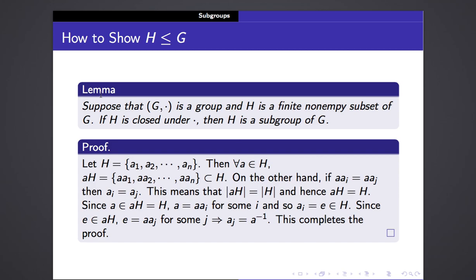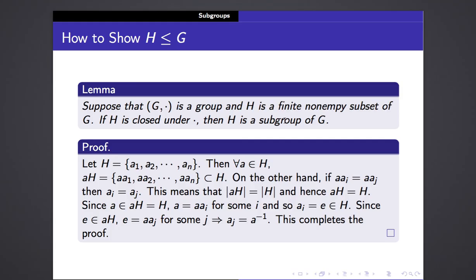Okay, so here's another lemma. Suppose that G with this multiplication is a group, okay, and H is a finite, non-empty, there's another typo. Oh, this is a shame, a lot of typos. Sorry about that. H is a finite, non-empty subset of G. And if H is closed under this multiplication, the inherited operation from this group G, then H is a subgroup.